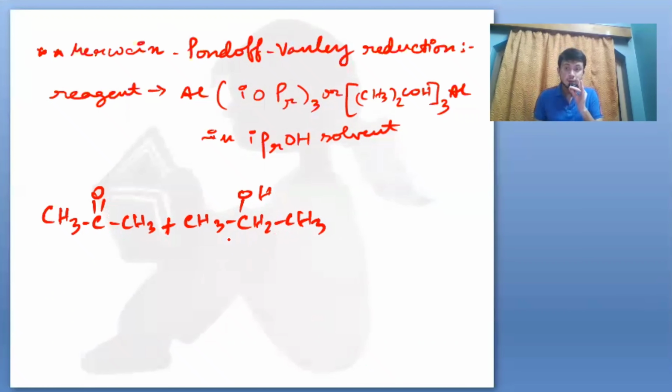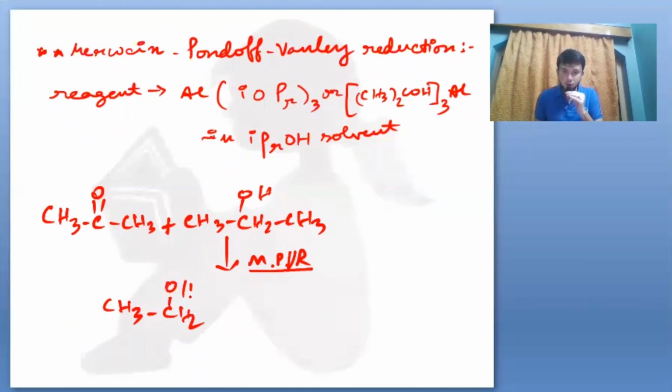So if we have the mixture of these two and we give this Meerwein-Ponndorf reagent, what will it give us? MPV reagent we call it. So it converts the whole solution into this alcohol.